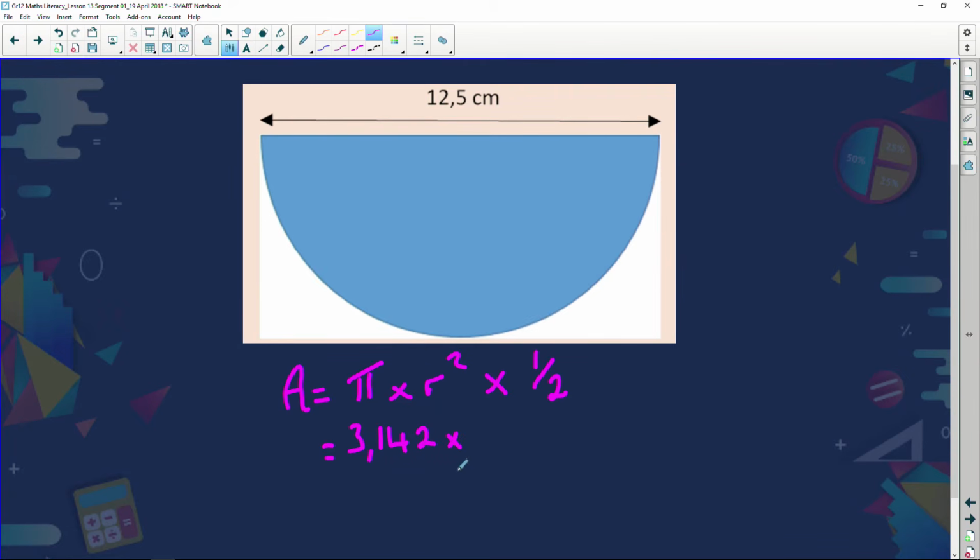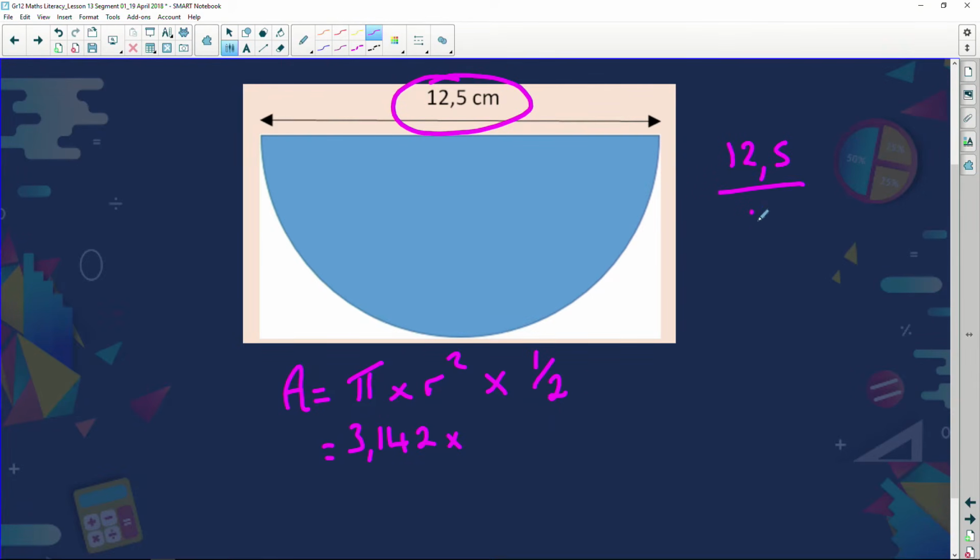Equals pi, we will be told, is 3,142. My radius. Now folks, what am I given over here? I'm given a diameter. Why? Because it's from the one end of the circle to the other end of the circle. So the radius must be half of that. So if I go 12,5 and I divide it by 2, I'm going to get 6,25 centimeters. So I'm going to multiply it by 6,25 centimeters, but remember, I've got to square it and then multiply by a half.